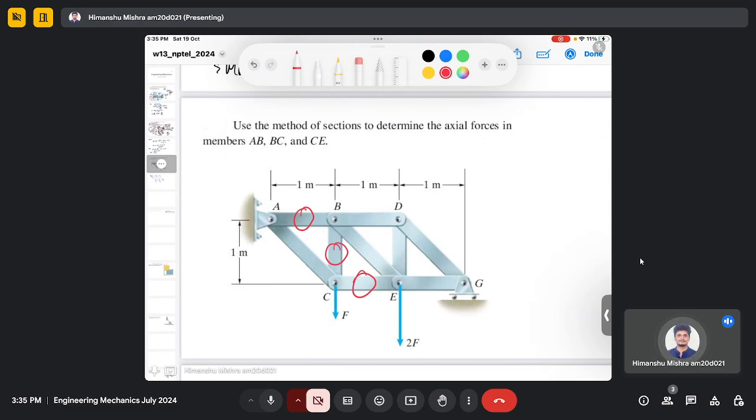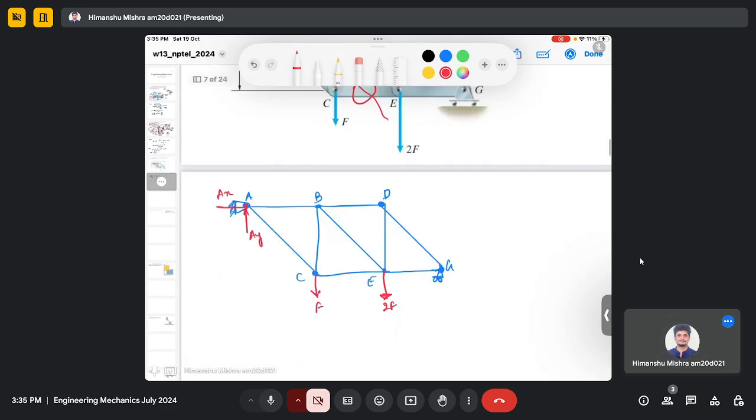So we use the method of sections and we will cut this truss along these members. If I cut this truss along these members like here, then we can focus on the left side of this truss, and we can use the moment and force equilibrium equations on the left side of this truss to calculate the unknown quantities.